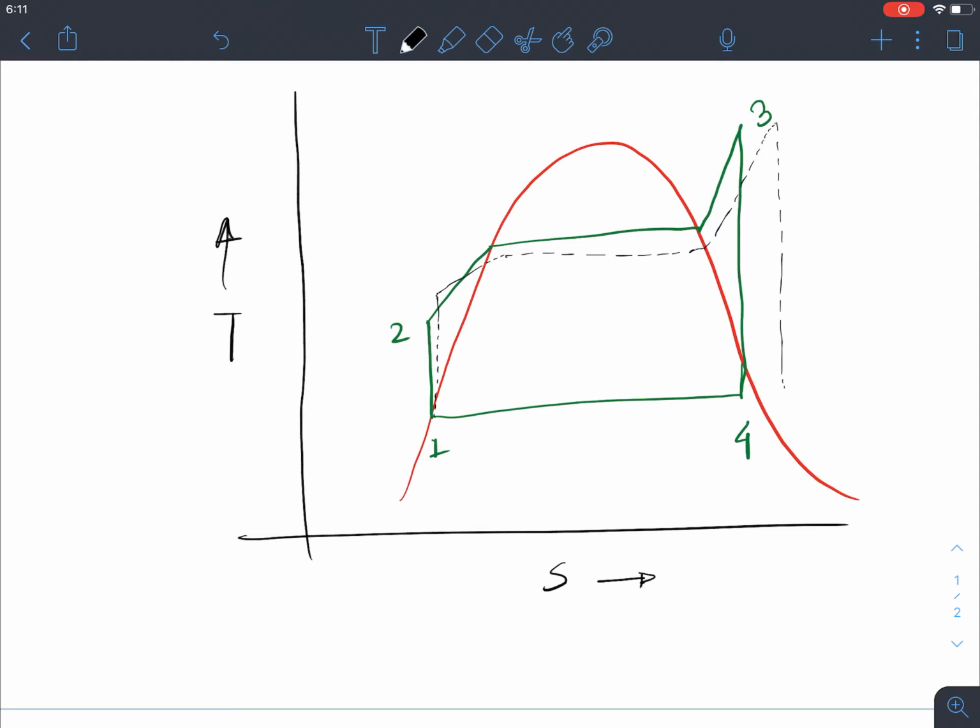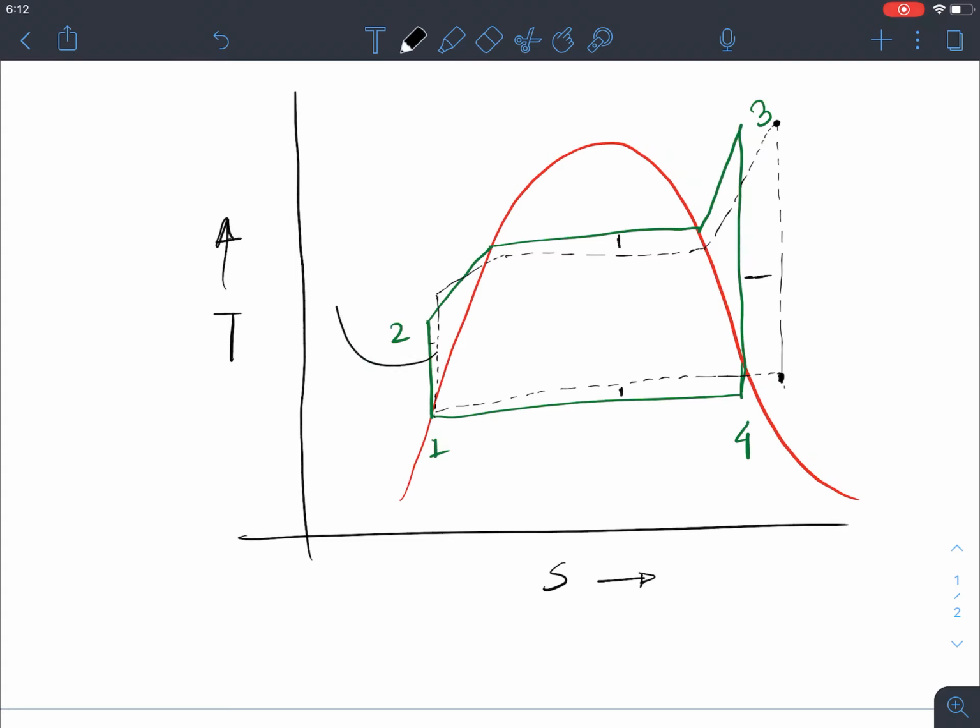It lies outside the saturated line. So this would be point 4. And the condenser also has some pressure drop, so it is also not a constant pressure process. That's basically the actual process, and these are the deviations from the ideal process.